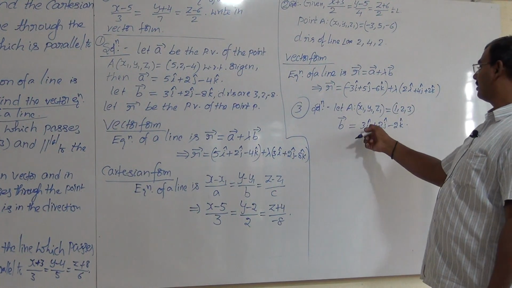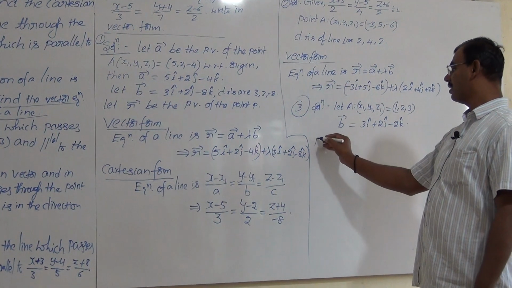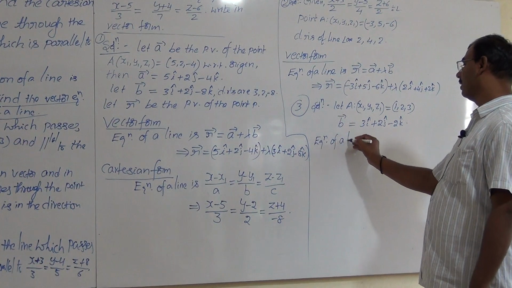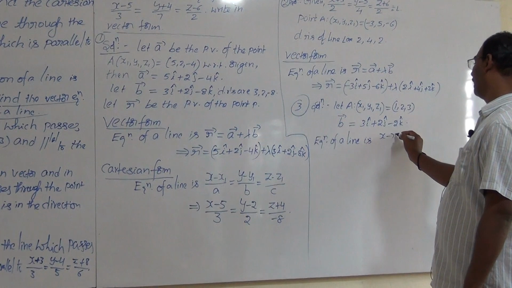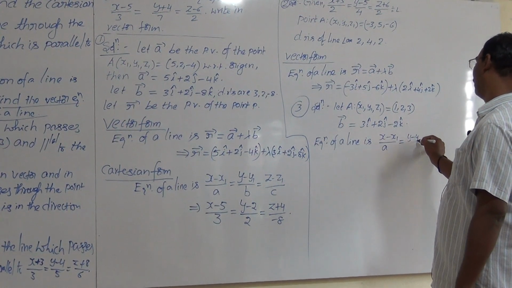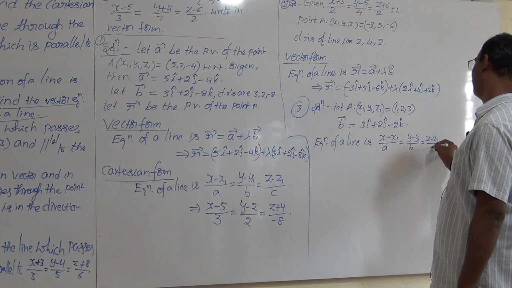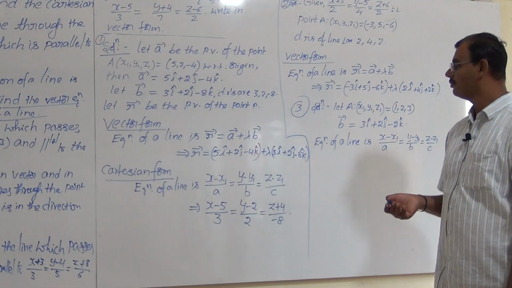What are the DRs? DRs means the i, j, k coefficients. So I take the equation of a line in Cartesian form: (x minus x1) divided by a is equal to (y minus y1) divided by b is equal to (z minus z1) divided by c.